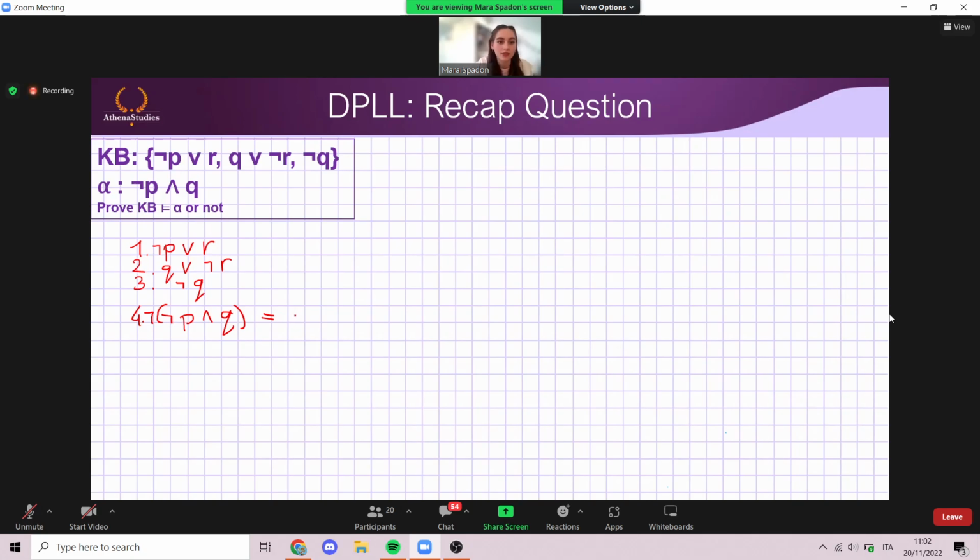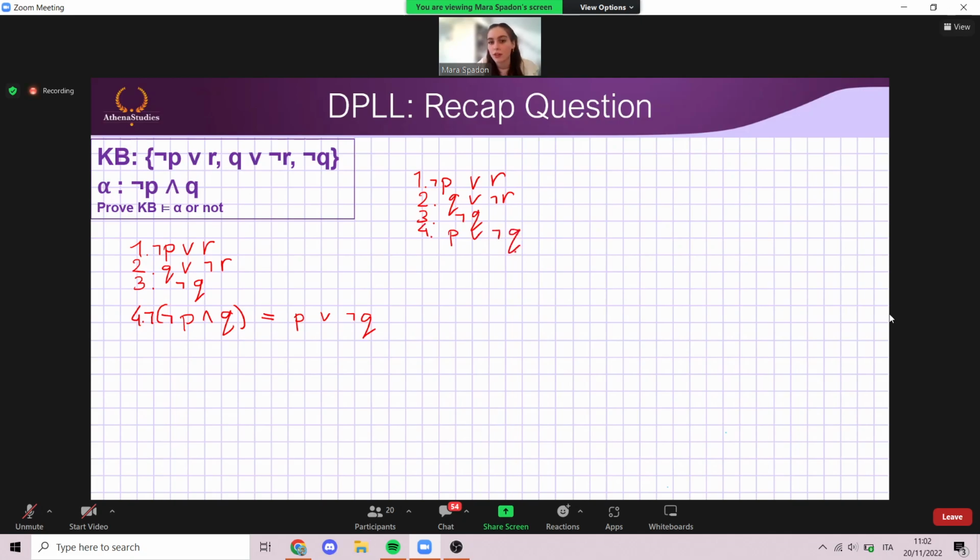Exactly. So we will have P or not Q. Perfect. So we have 4 clauses in the end, which are these 3 and P or not Q. Let's write them down: not P or R, Q or not R, not Q, and P or not Q.